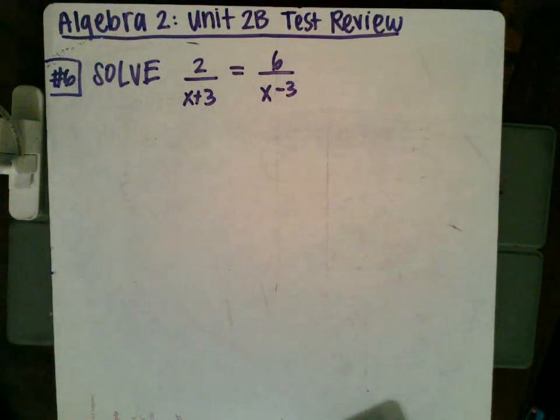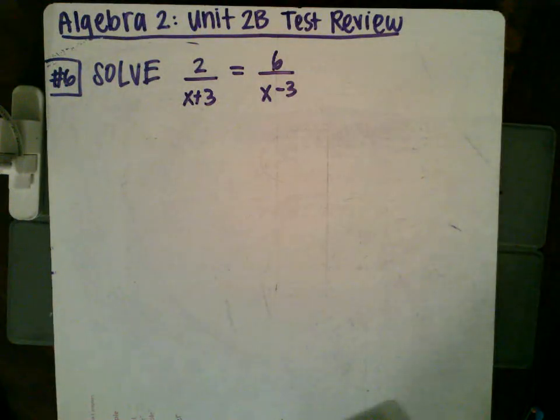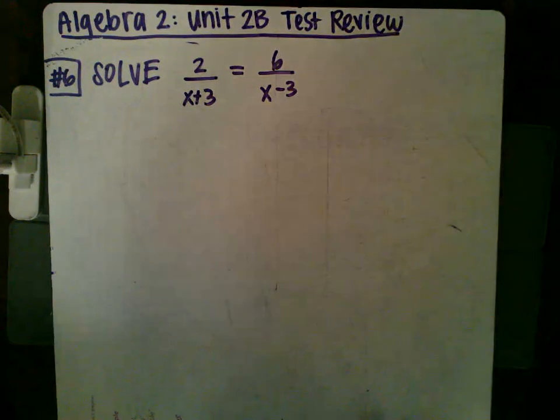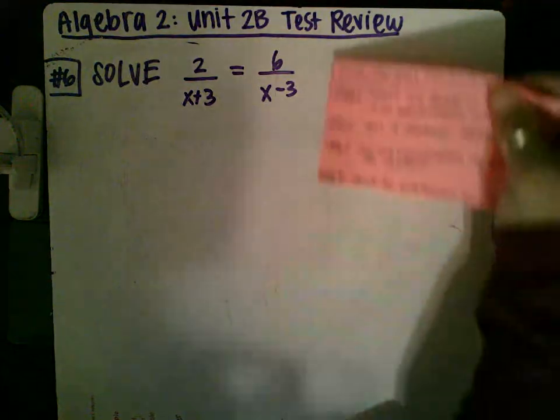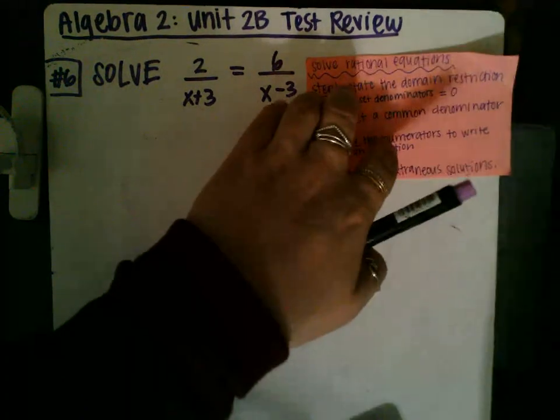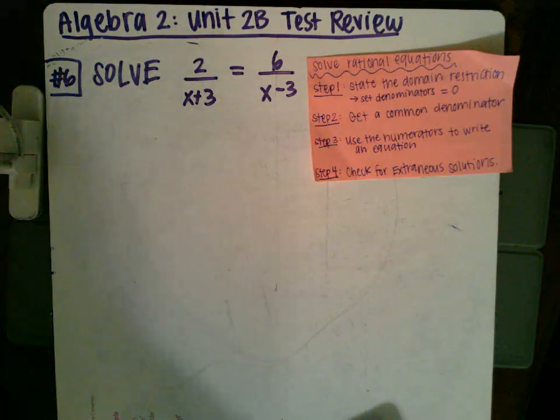And if you guys remember, when we were solving rational expression equations, we had this sticky note in our lesson, okay? Solving rational equations. Step 1, state the domain restrictions.